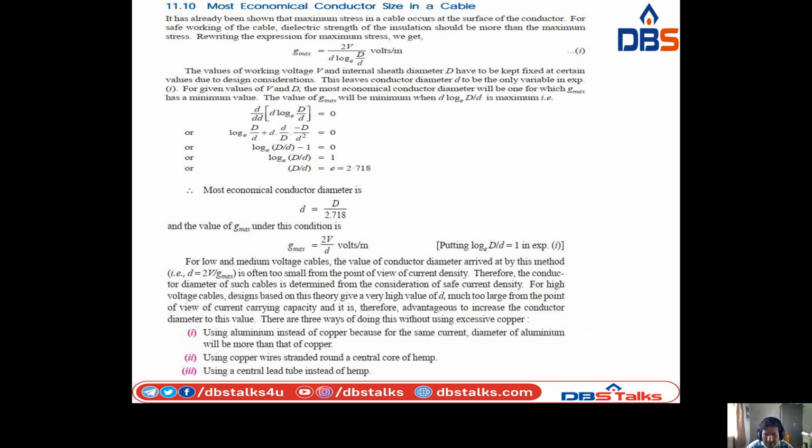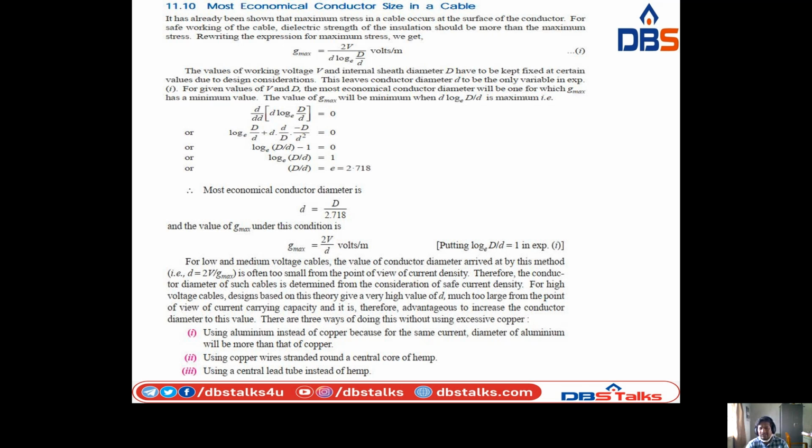Now, the condition: what is the most economical conductor size in a cable? As we already showed, maximum stress in a cable occurs at the surface of the conductor. Minimum stress occurs at the sheath, the top of the cable, right? Therefore, for safe working of the cable, the dielectric strength of the insulation should be more than the maximum stress.